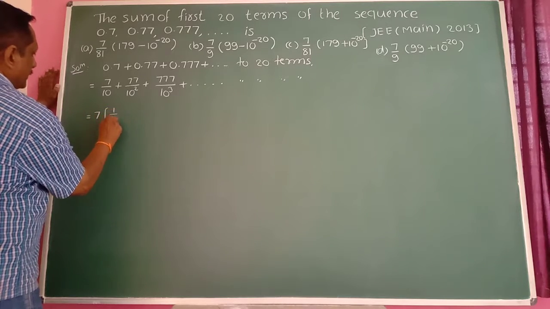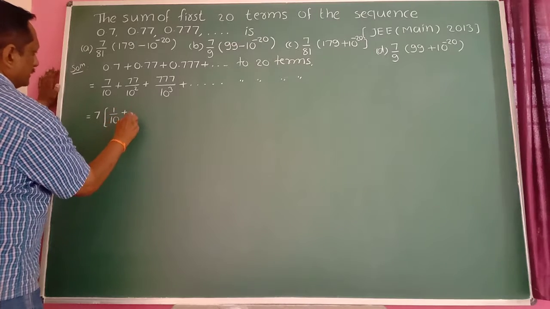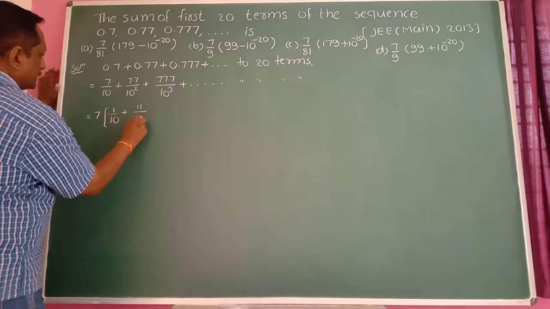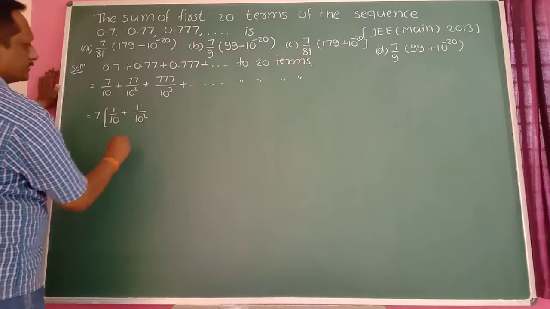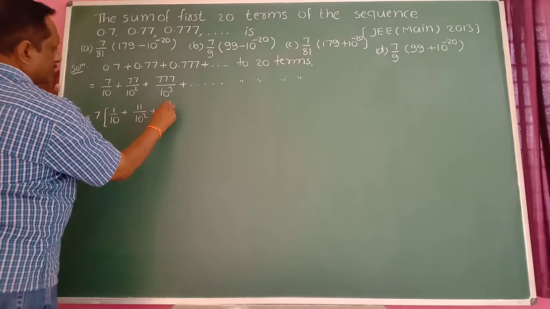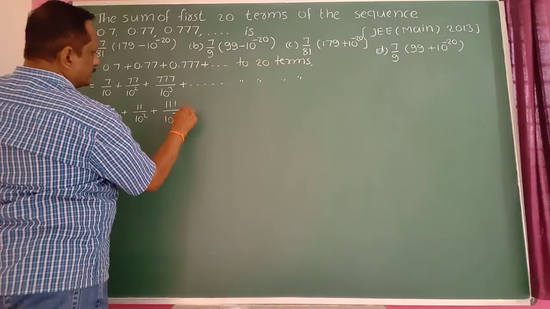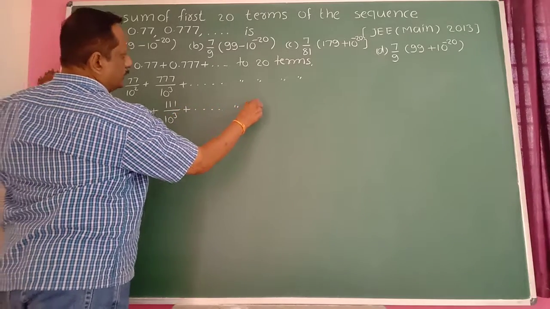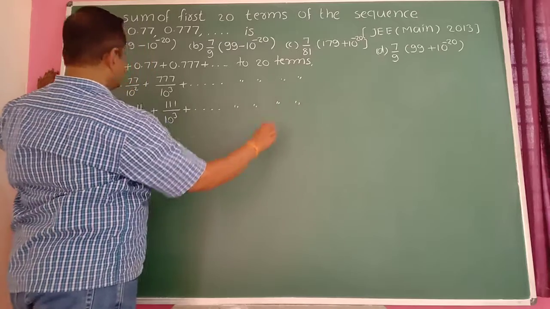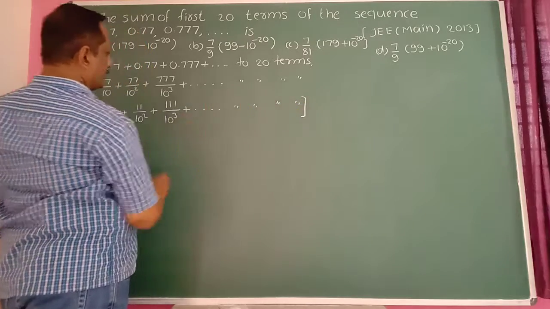So 1 upon 10 plus 11 divided by 10 square plus 111 divided by 10 cube plus up to 20 terms here. So bracket complete here.